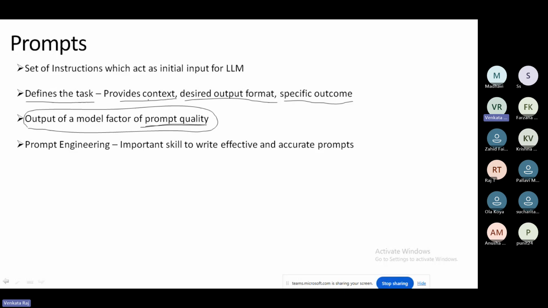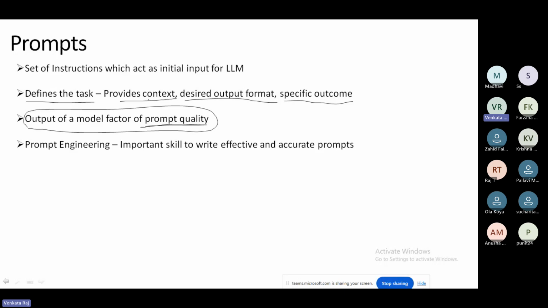One person has learned the skill of prompt engineering, and another person hasn't, or is not good at writing prompts. Some people think that since we are using AI, we are getting the output. No, guys, both are using AI, but one person is writing an effective, correct prompt, and the other person is just doing hit and trial.